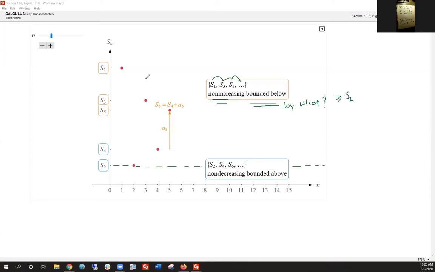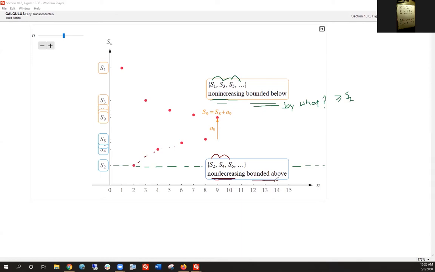On the other hand, the S2, then S4, and then S6 are all increasing terms. So these are all increasing right here. We say non-decreasing because we want to allow for them to be flat.